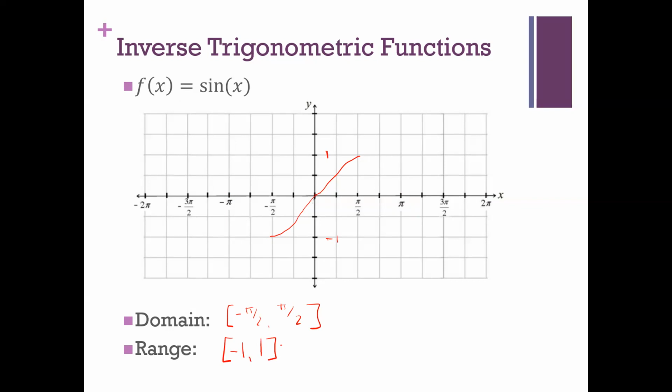That is important because I want this thing to be one-to-one, but I want to capture all of the possible output values it might have. But to do that, I have to restrict it, and it ends up not being a full period. In this case, it ends up being half a period. Any questions on that?